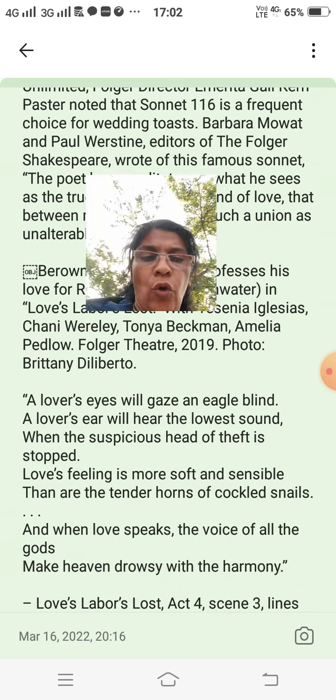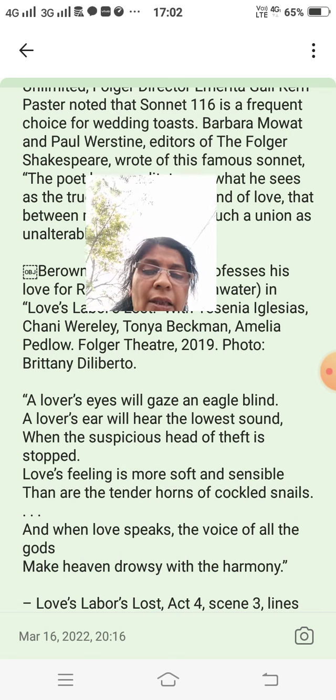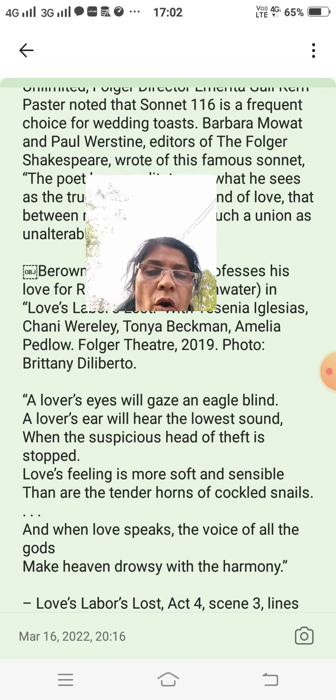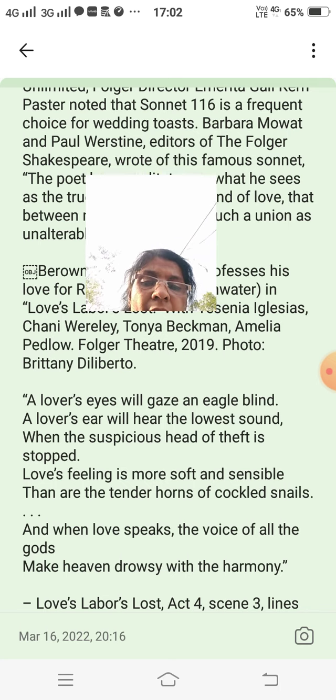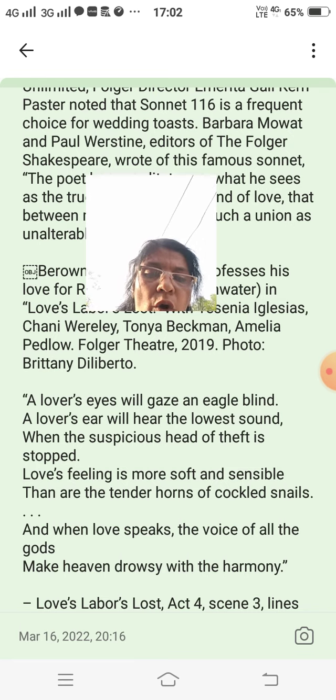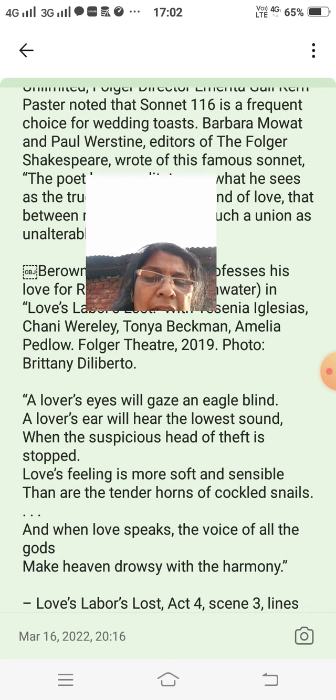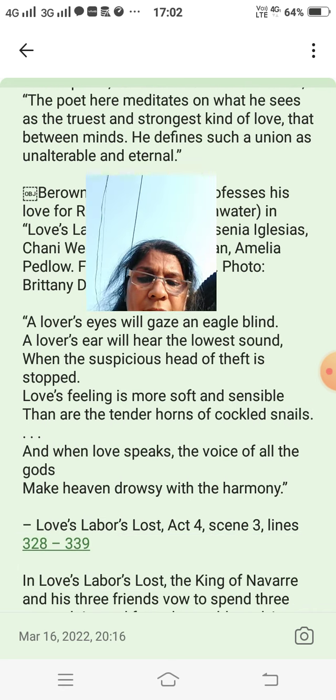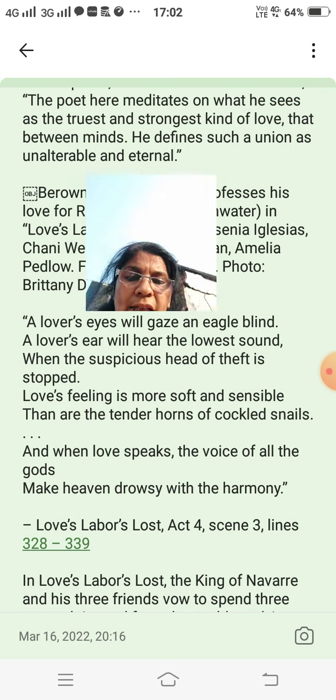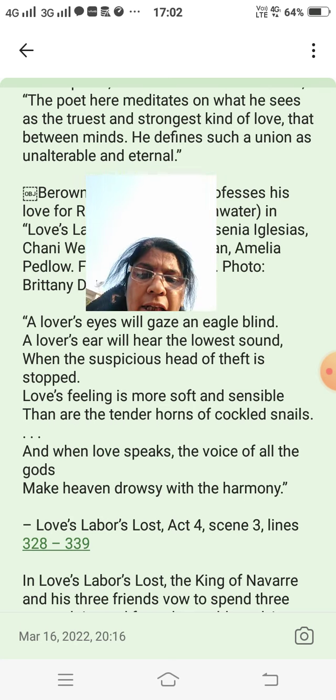Love's feeling is more soft and sensible than are the tender horns of cockled snails, and when love speaks, the voice of all the gods makes heaven drowsy with the harmony. Love's Labour's Lost, Act 4, Scene 3, lines 328 to 339.